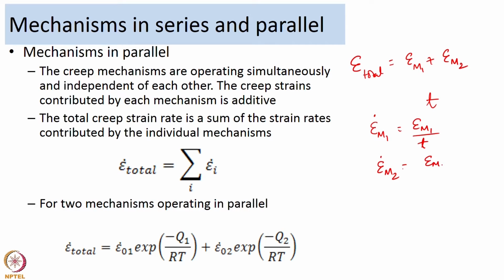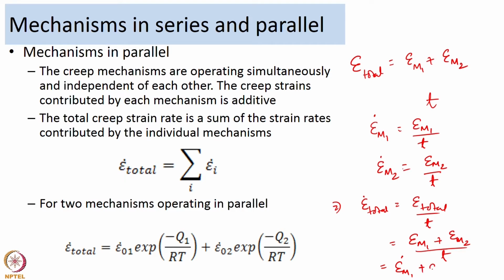Therefore, the net total strain rate is equal to strain total by time total, that is equal to epsilon m1 plus epsilon m2 by t. So, that makes it epsilon m1 dot plus epsilon m2 dot. So, the total creep strain rate is a sum of the strain rates contributed by the individual mechanisms. That is what you observe for mechanisms in parallel.